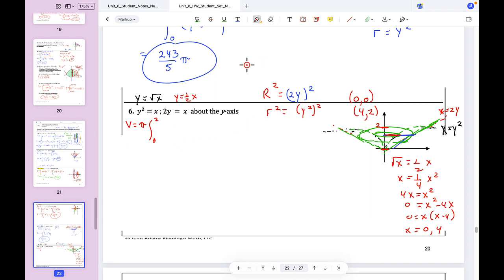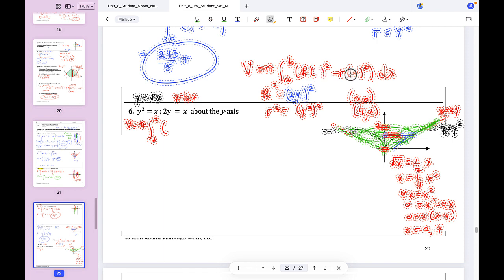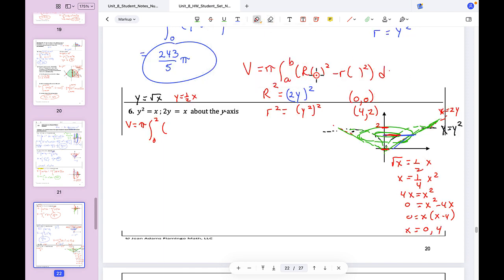So remember, our volume is pi times the integral from a to b of big R of x squared minus little r of x squared dx. In this case we're talking about y, not x, sorry. About y, this time instead of x.